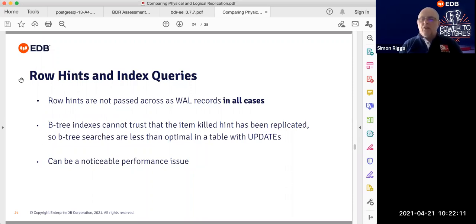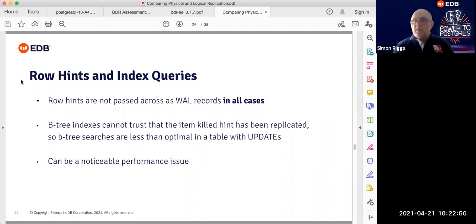But the issue that's caused with physical replication is that B-tree indexes cannot trust that the item killed hint has been correctly replicated, and as a result, B-tree searches are less than optimal in a table with updates. Specifically, the B-tree search will need to search more database rows in the heap before it will give a full and correct answer to the query.